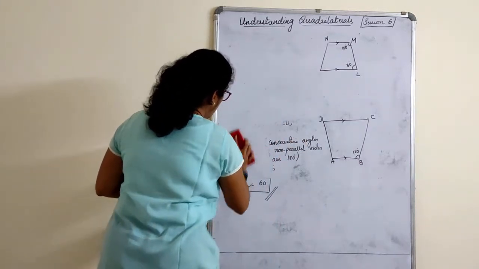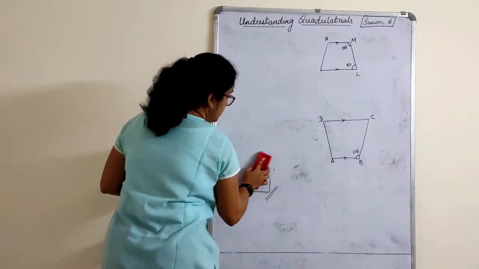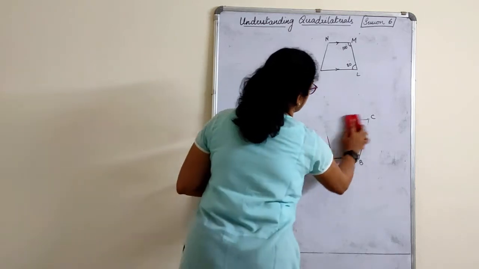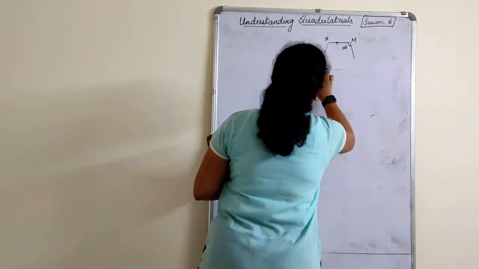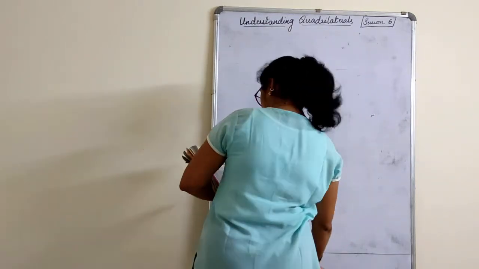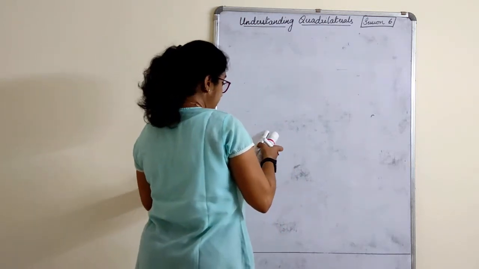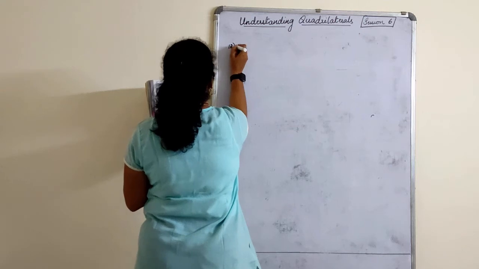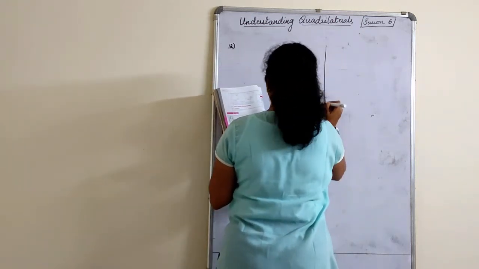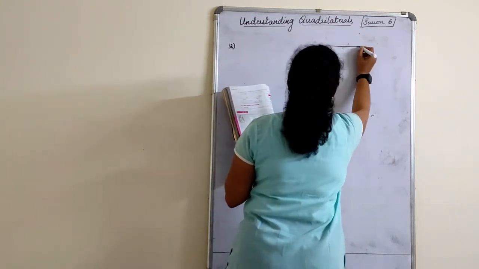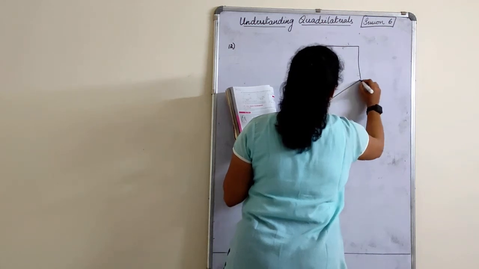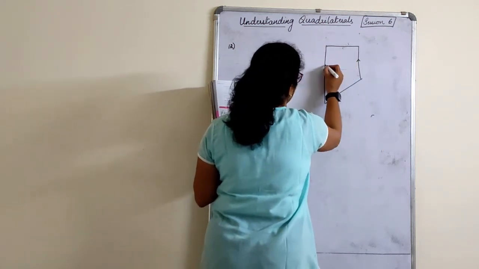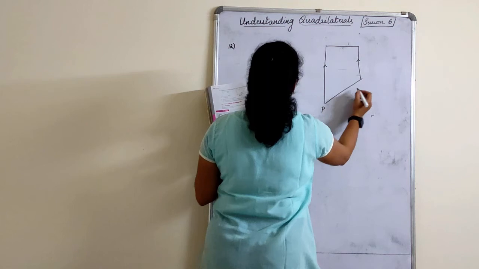And we are left with only one exercise from this chapter. Okay, first of all we'll draw accordingly what they have given. So it is the 12th one. So these are the parallel sides, understood.